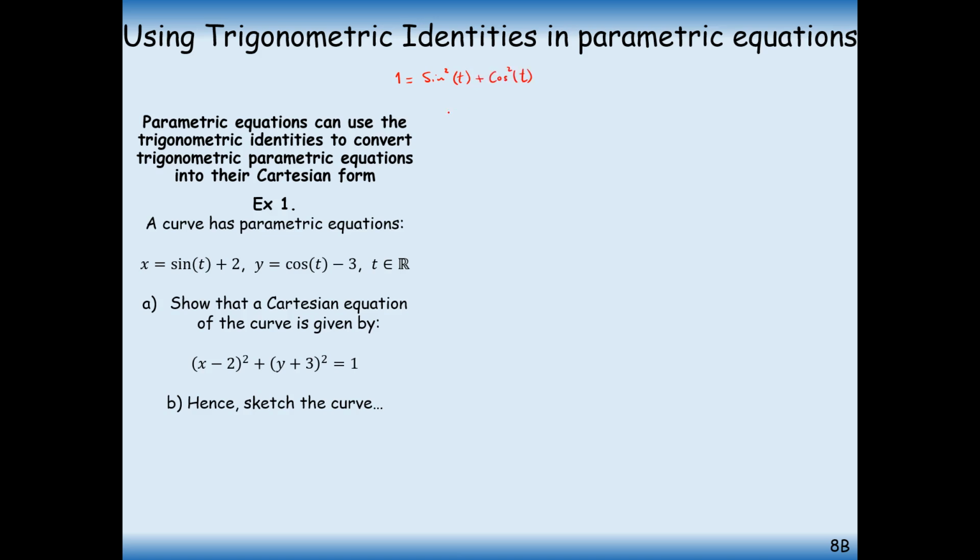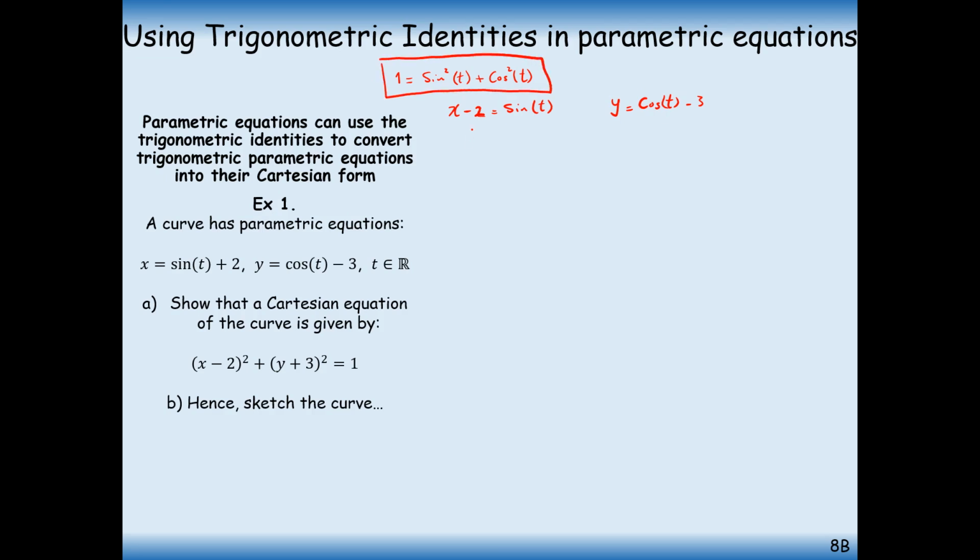So x minus 2 is equal to sine of t, and our y value is cos of t minus 3.